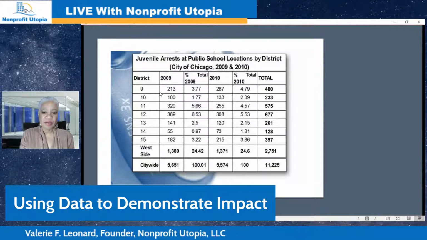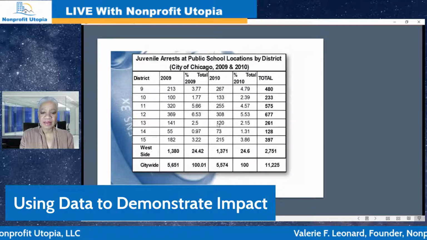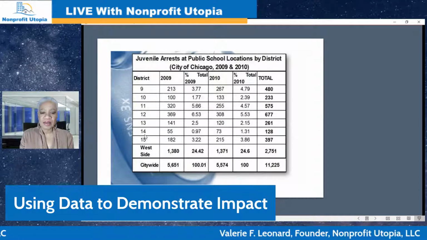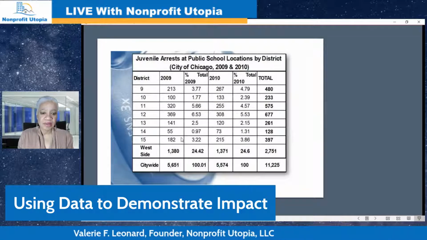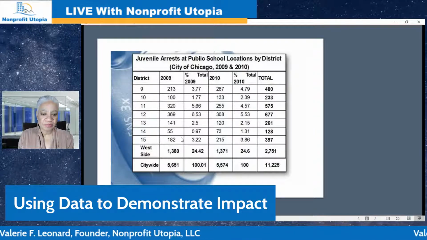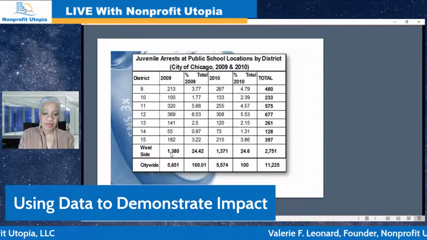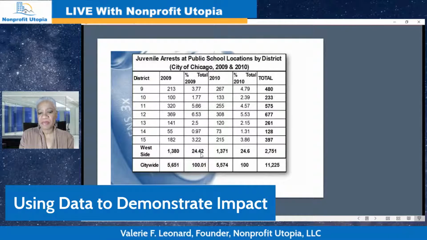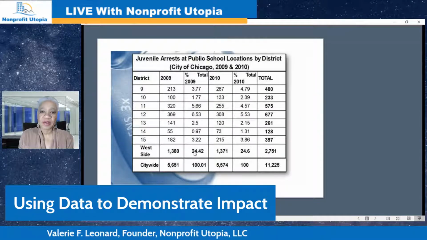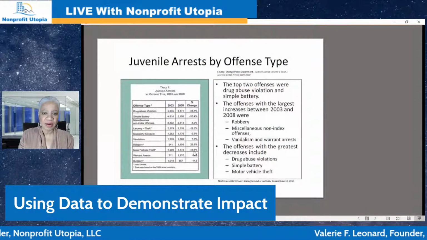And these are the numbers of juvenile arrests that were made in the schools in their district. So as you can see, the West Side accounted for both years about one fourth of every juvenile arrest in the city of Chicago.